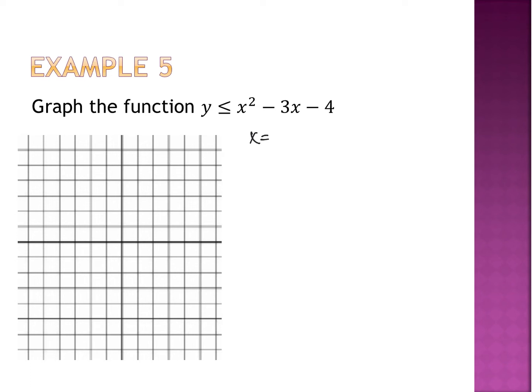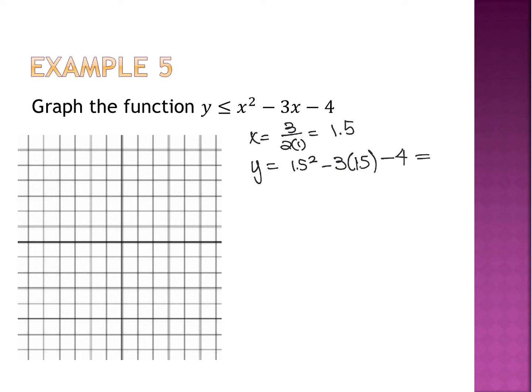So remember, I'm going to do the opposite of b over 2a. So in this case, I can see that my x value of my vertex is going to be 1.5. And I can find the y coordinate by taking that 1.5, squaring it, and subtracting 3 times 1.5, and subtracting 4 from that.